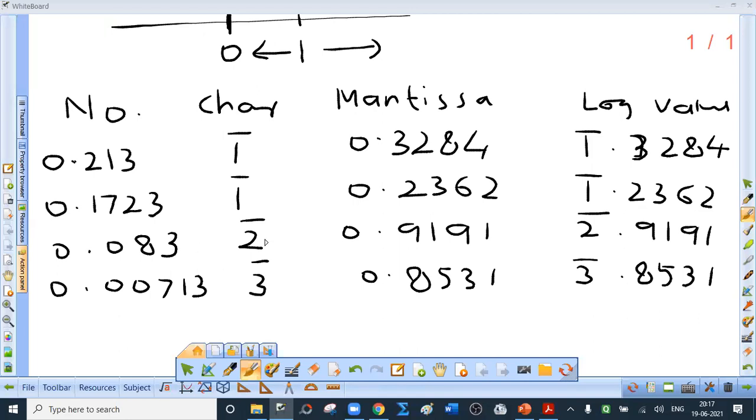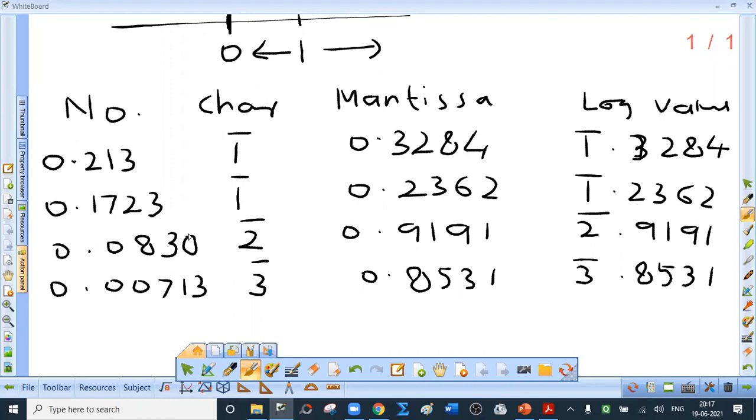So 1 plus 1, 2. Bar 2. Find the number which is in row 83. You may try to find number which is in row 08. That such row doesn't exist, right? So first row is 1 0, so you have to neglect this 0. So 83, find the number which is in row 83 and column what? 0, because can I write this number as 0.0830?